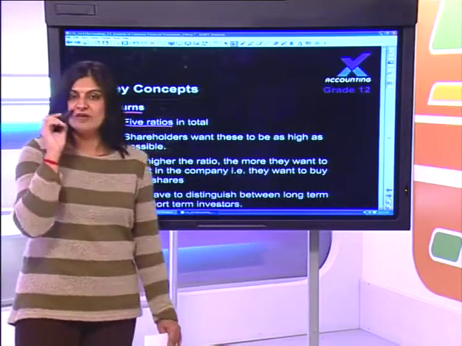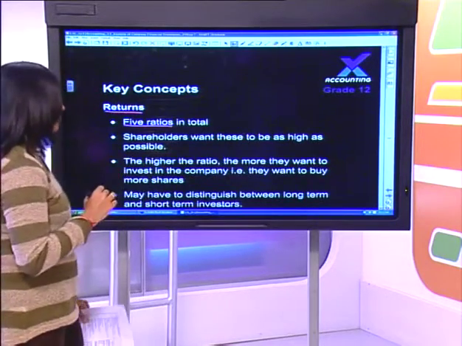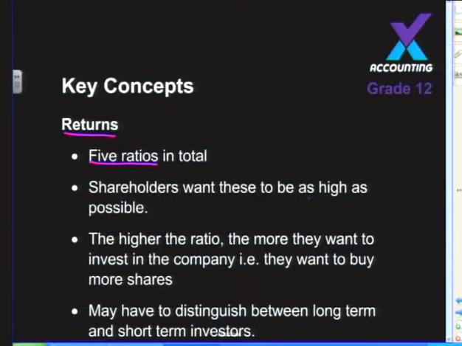So they are very interested in these 5 ratios. Shareholders want these ratios to be as high as possible. So when you are comparing current year to previous year, you need to remember that. This ratio needs to be as high as possible. The higher the ratio, the more they want to invest in the company, the more they want to buy in the company.